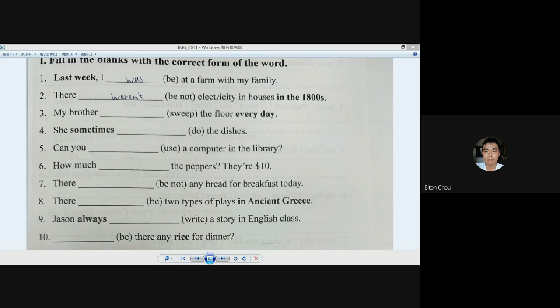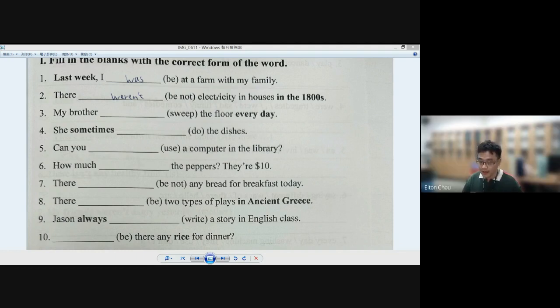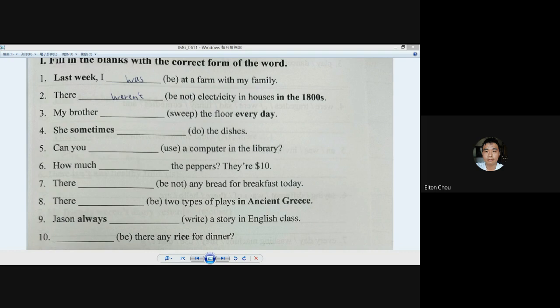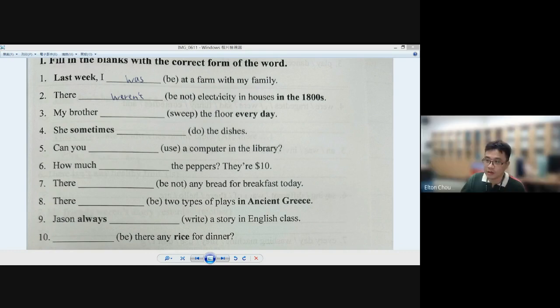We use verb S, we use verb ES, we use verb IES. Okay, this is how it works.